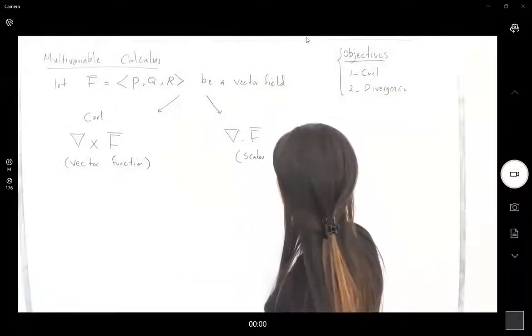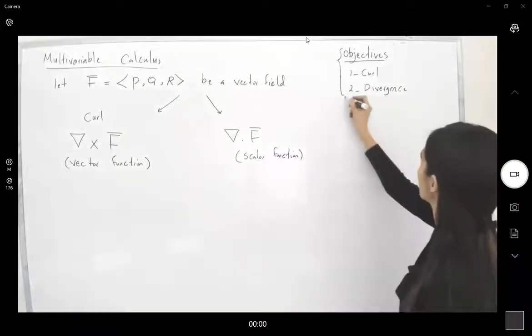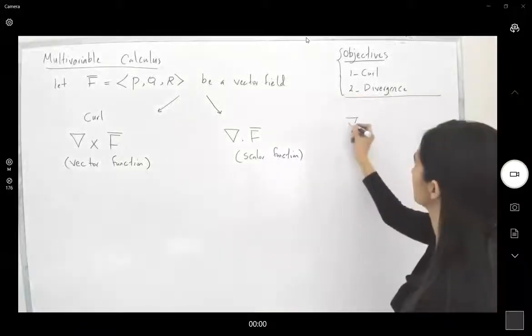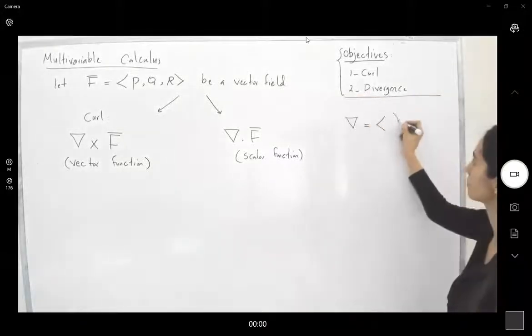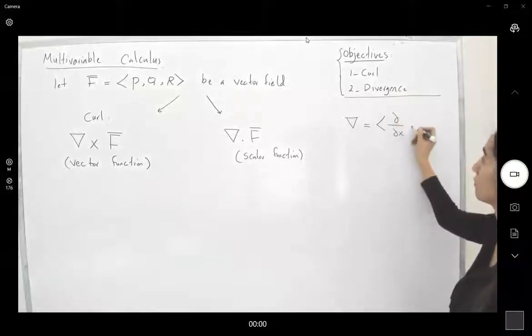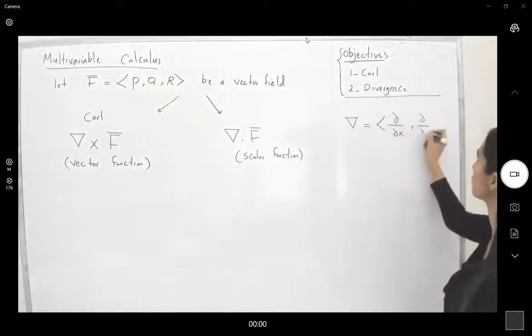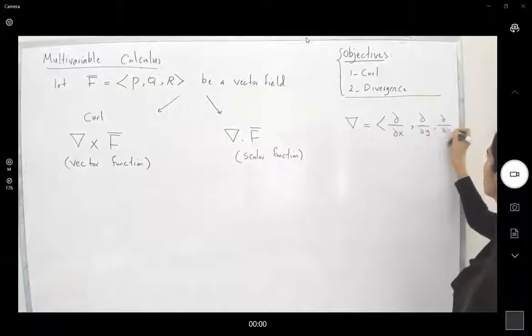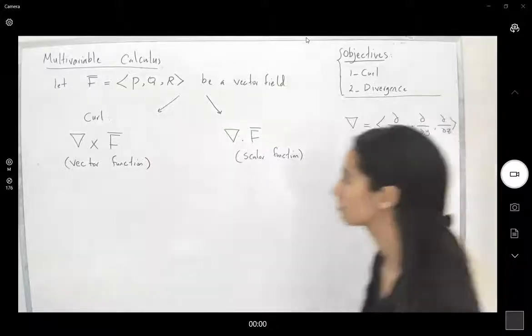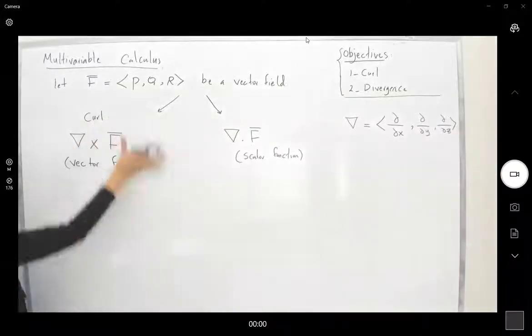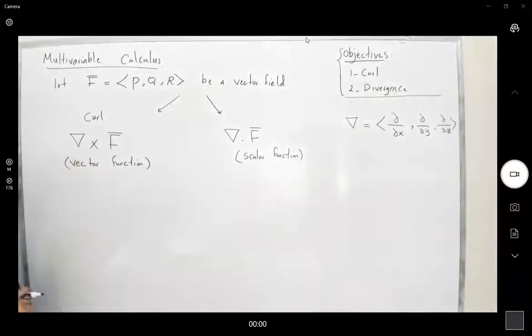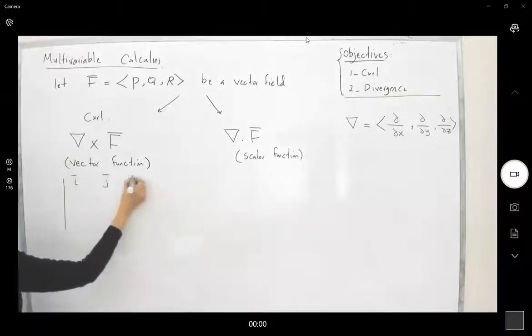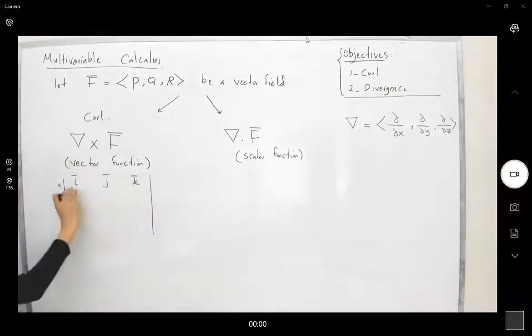Okay. Remember that a gradient is defined as the partial derivative with respect to x, partial derivative with respect to y, and partial derivative with respect to z. So we can define the cross product between gradient and the vector field using determinants. You have the determinant i, j, k in the first row.